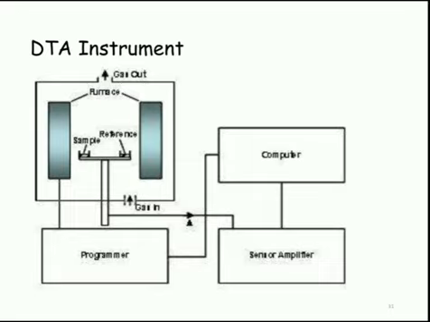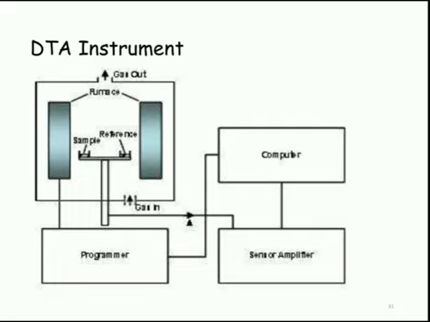And then we have detectors or the temperature sensors. In this, these are the thermocouple assemblies inserted separately in the sample and the reference material, which is given in the figure. These continuously measure the difference in temperature between the sample and the reference material, and microvolt level signals are obtained.